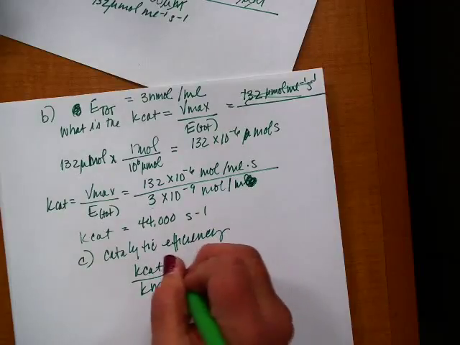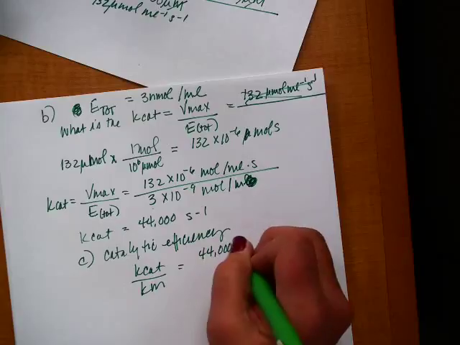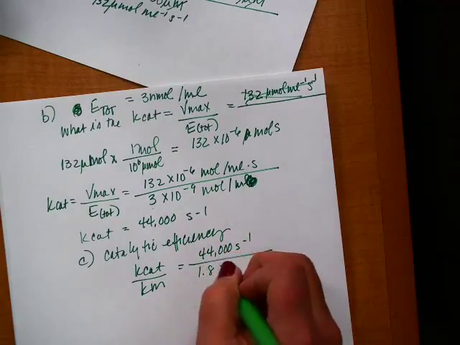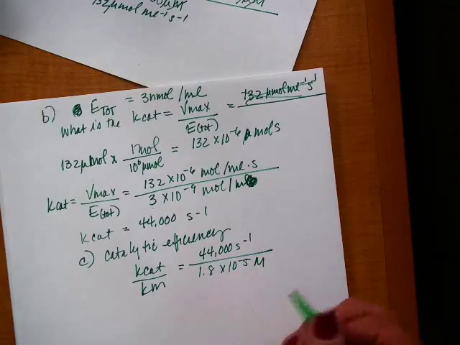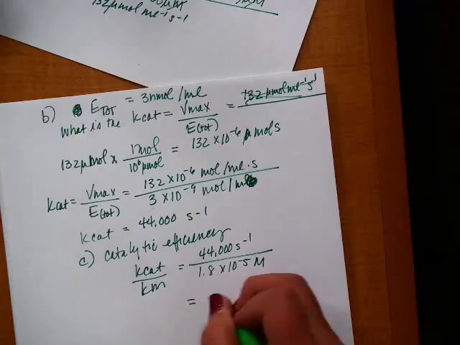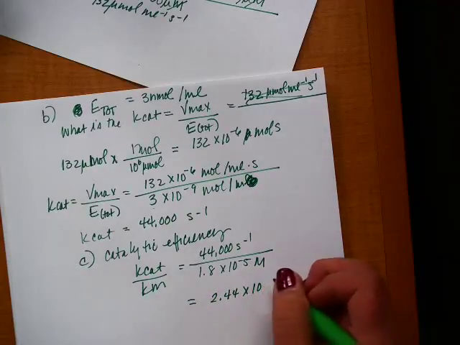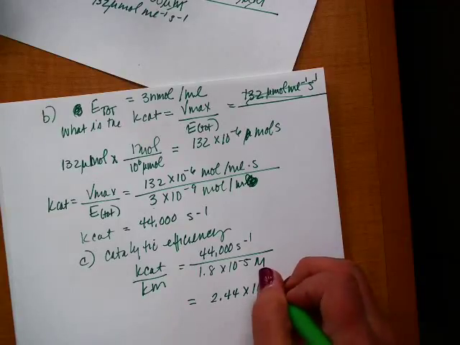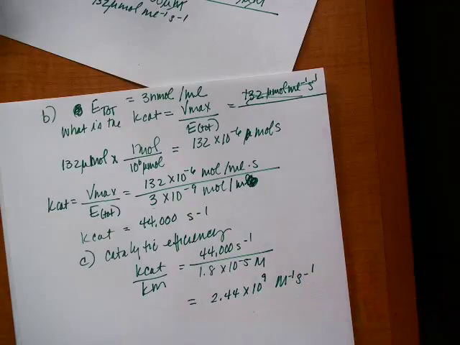We just calculated Kcat to be 44,000 s to the minus 1. Our Km was 1.8 times 10 to the negative 5 molar. So this gives us 2.44 times 10 to the 9th M minus 1 s minus 1.